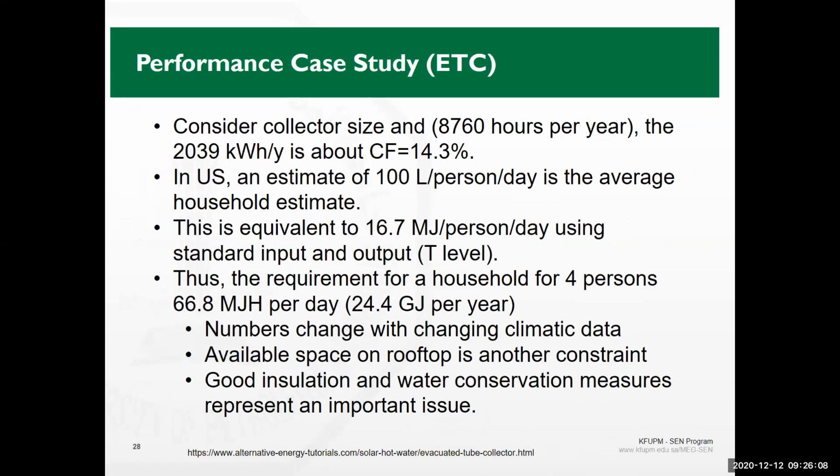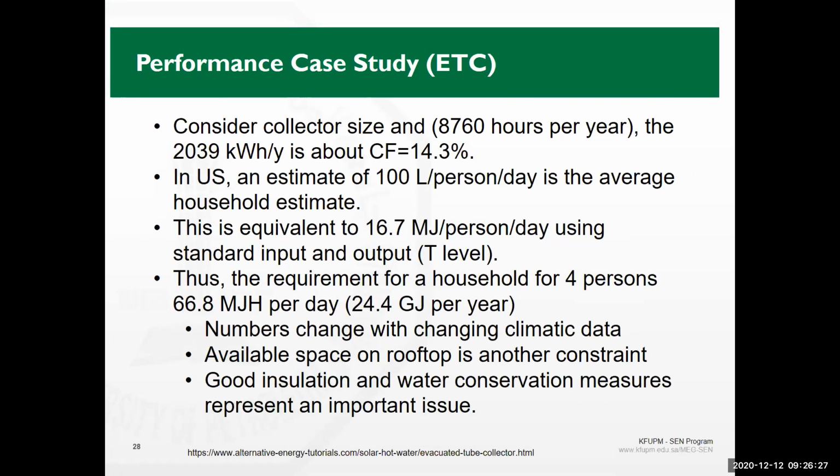An example here, talking about a collector size that's going to operate for a certain number of hours. A year would have 8,760 hours. And if it is producing 2,039 kilowatt hours per year, then it's about 14%.